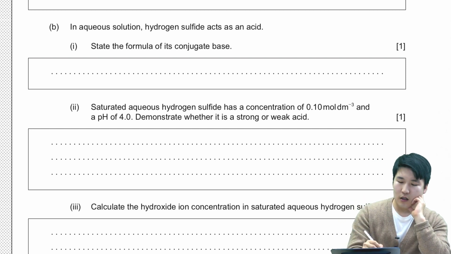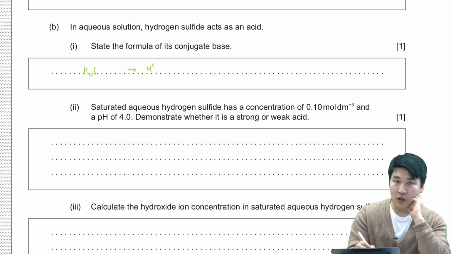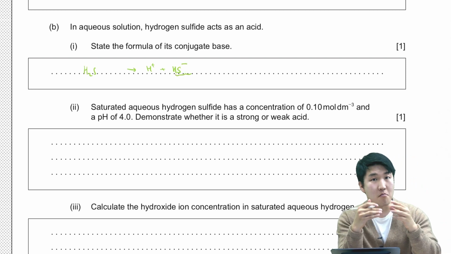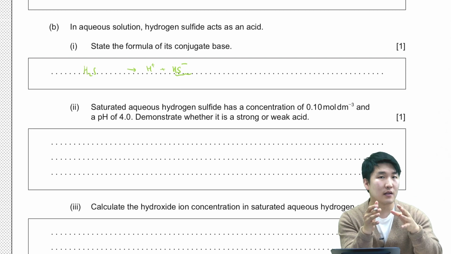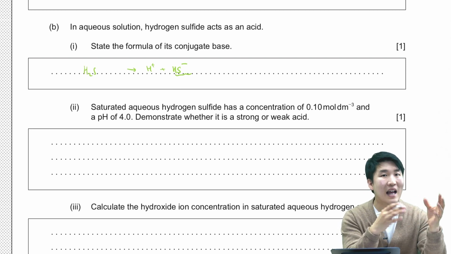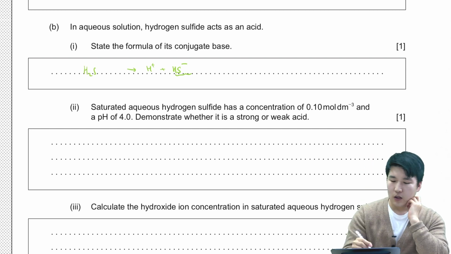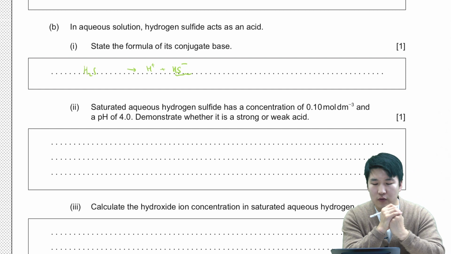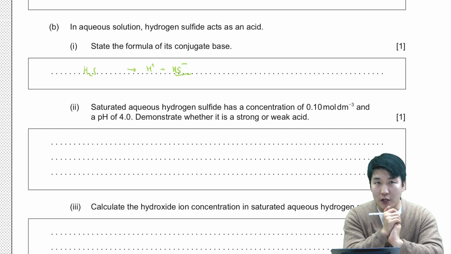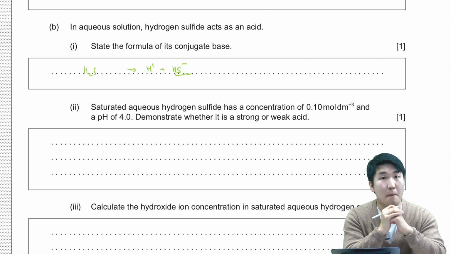Which means if H2S deprotonates to H+ and HS-, we will call HS- the conjugate base, the product of acid dissociation. HS- is the formula of H2S's conjugate base.